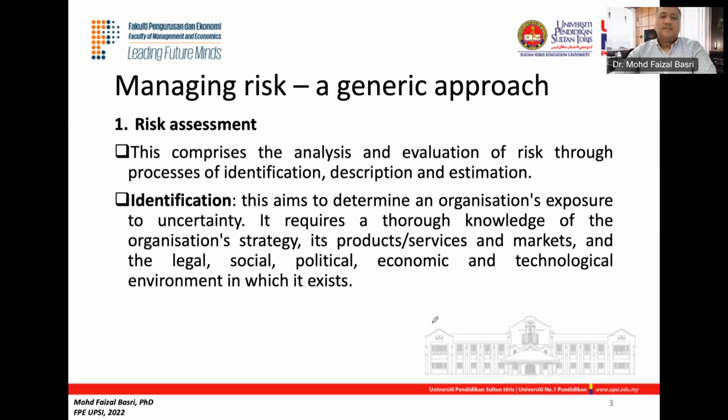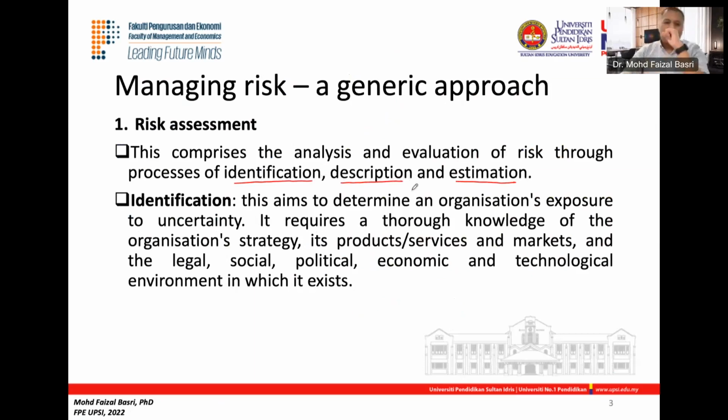So the first step, as I mentioned, is risk assessment, how to assess the relevant risk. This step comprises the analysis and evaluation through 3 processes: number 1, identification; number 2, describing the risk; and number 3, estimation.